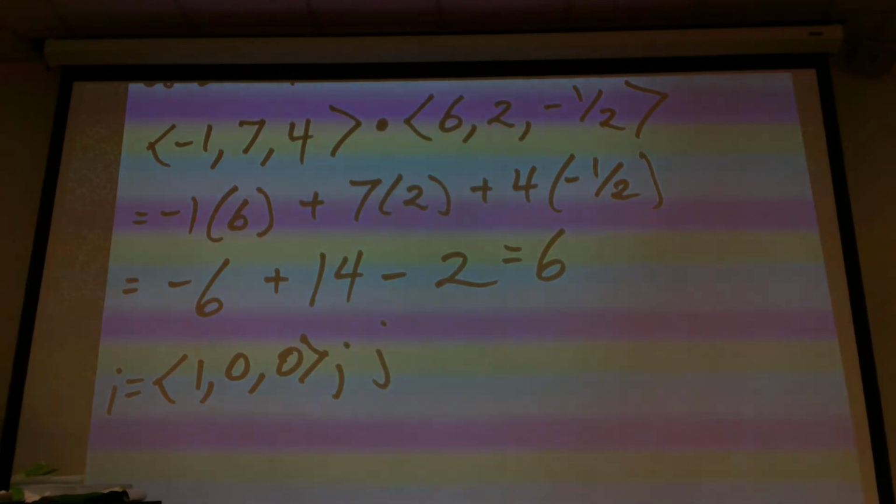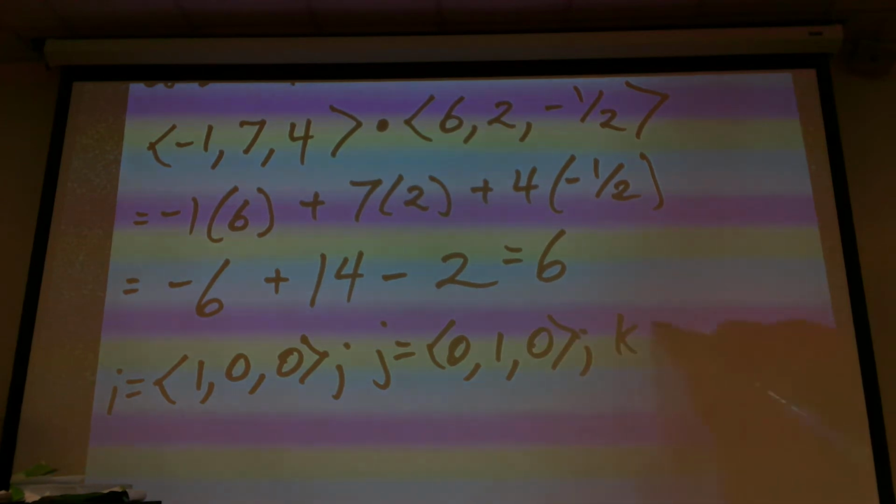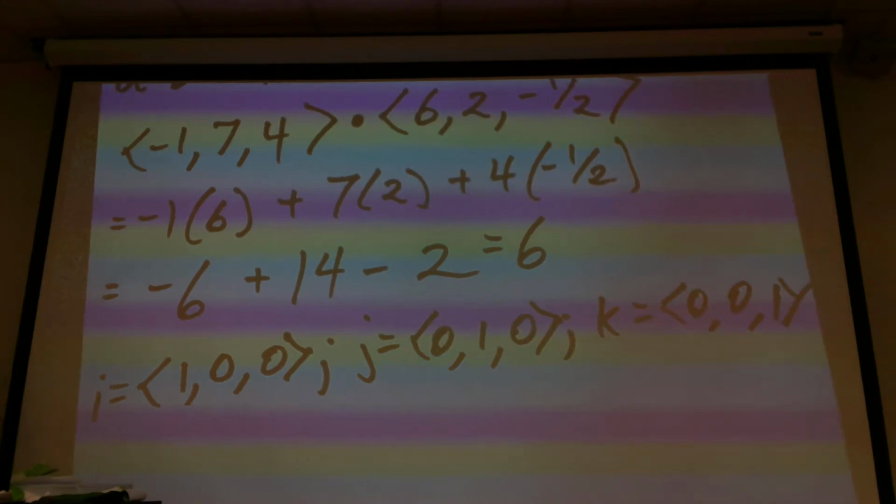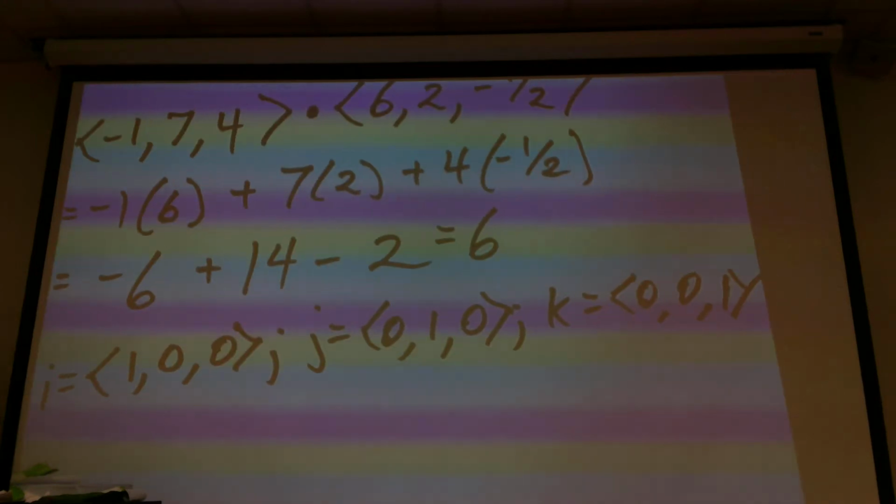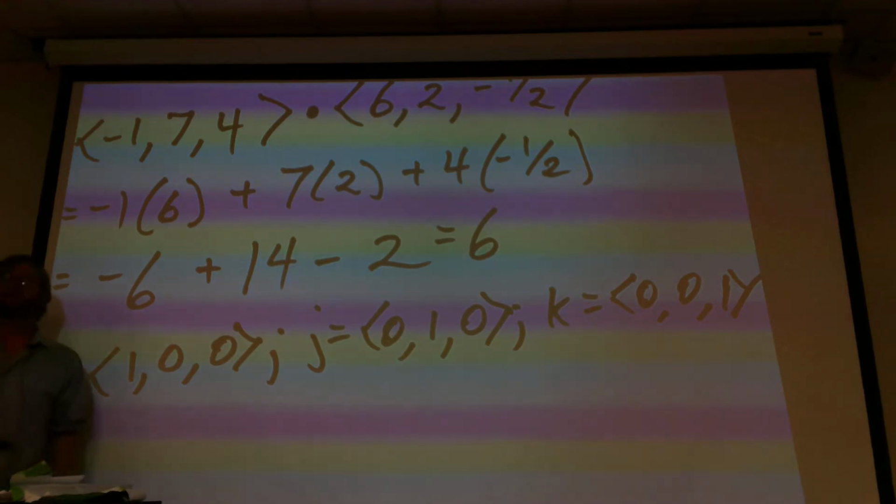Another one, j, is going to equal 0, 1, 0, and k is going to equal 0, 0, 1.